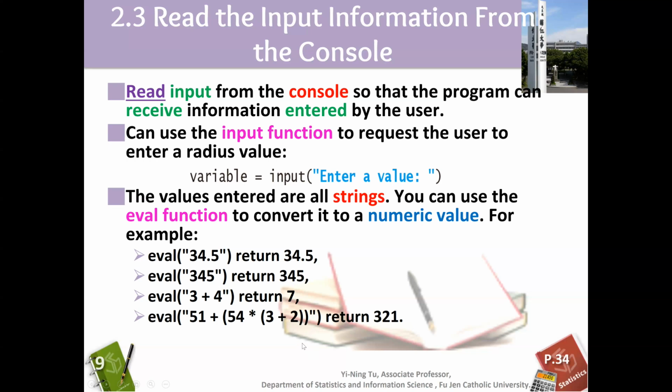As we know, we have to do the parentheses first: 3 plus 2 equals 5. And multiply by 4, and then we get the result plus 1. So finally, we will get 321. So using eval, you can transfer strings into numeric numbers and do the calculation.